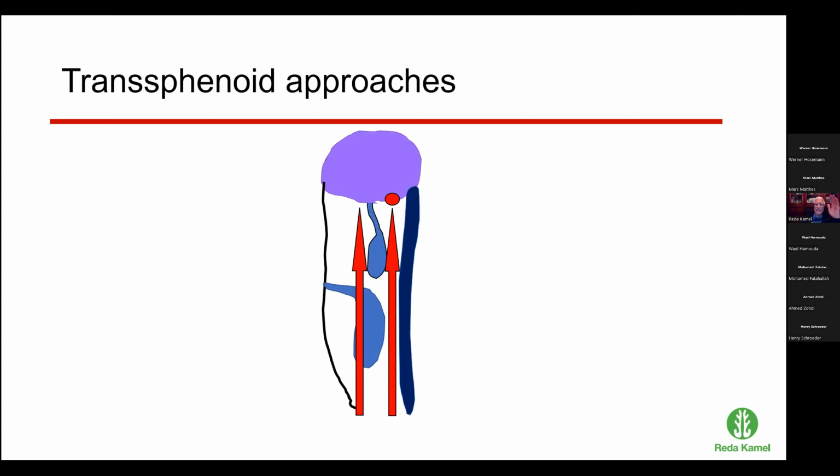We have to plan the indication from the start. Are we going to take care of the pathology in the cell only via a transnasal approach, or are we obliged, for a tuberculum meningioma, to perform a transethmoid approach? So it's very important to work together. That's the dialogue and the discussion.